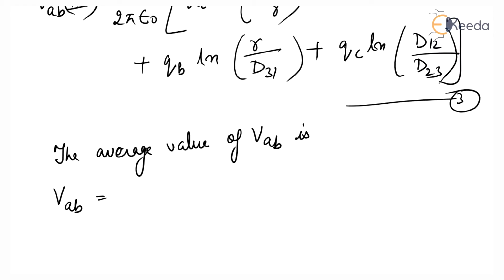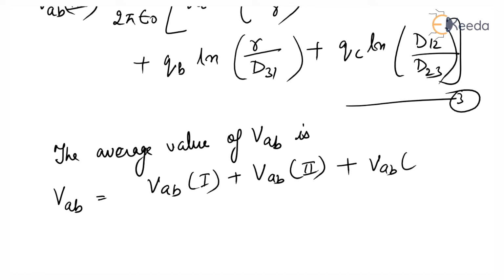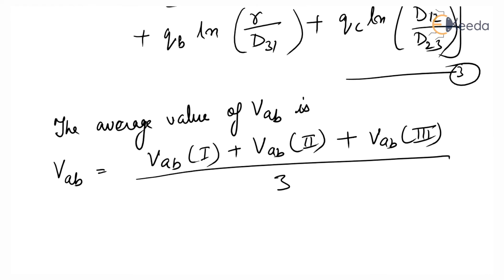So the average value of VAB is equals to VAB for the first transposition cycle plus VAB for the second plus VAB for the third, divided by 3.